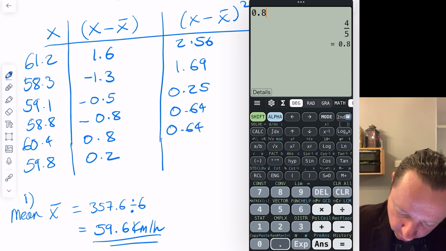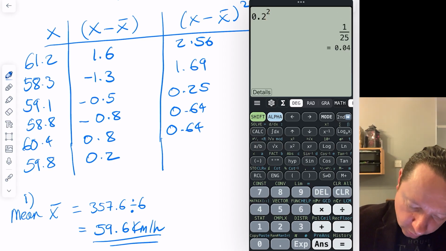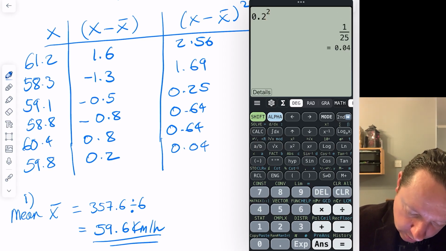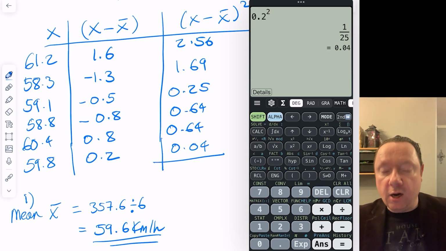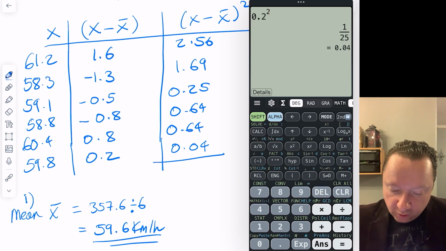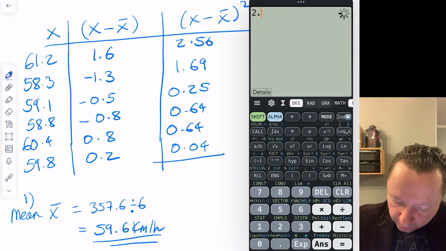And 0.2 squared is 0.04. Usually you get a mark at this point for that bit of the table correct. Then we just add it all up.